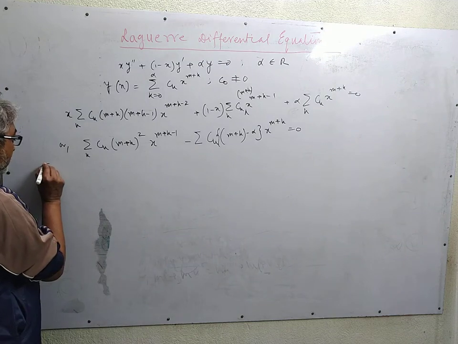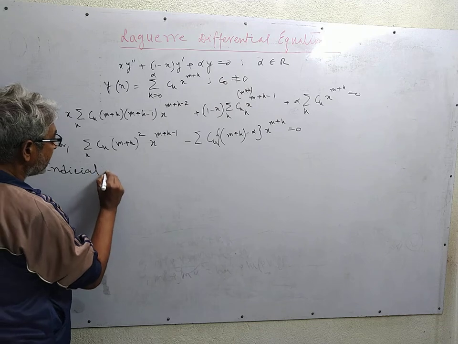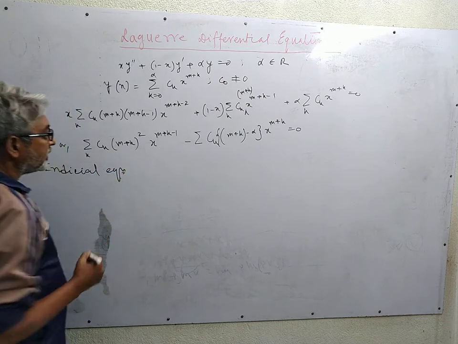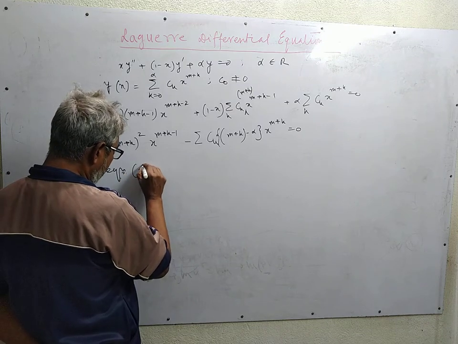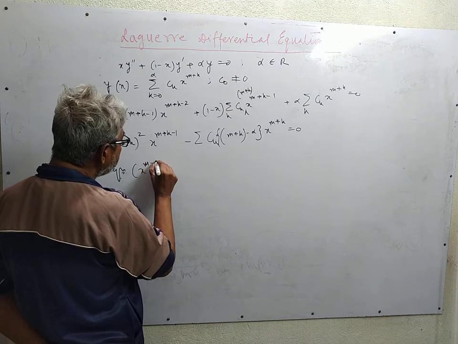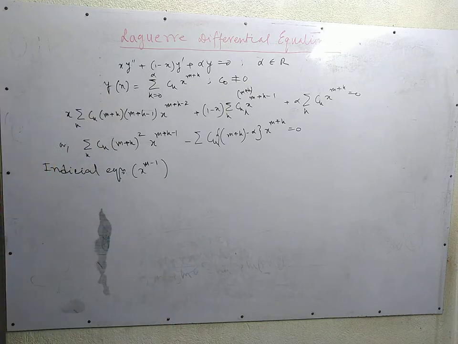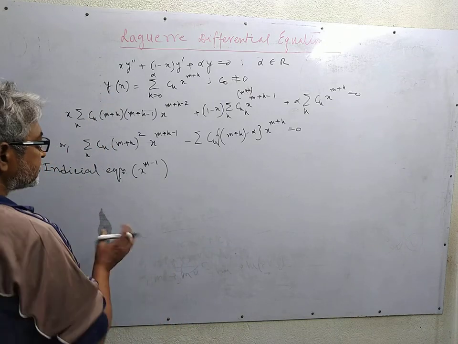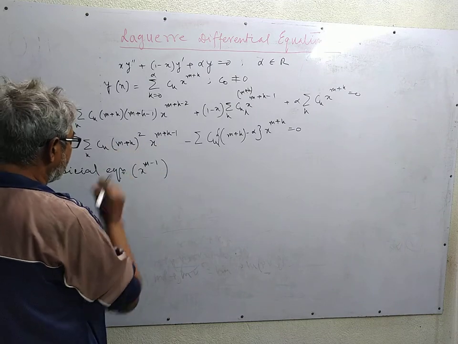For the initial equation, we collect the lowest power of x in this expression, that is x to the power m minus 1, which comes from this term only, and that too with k equal to 0.